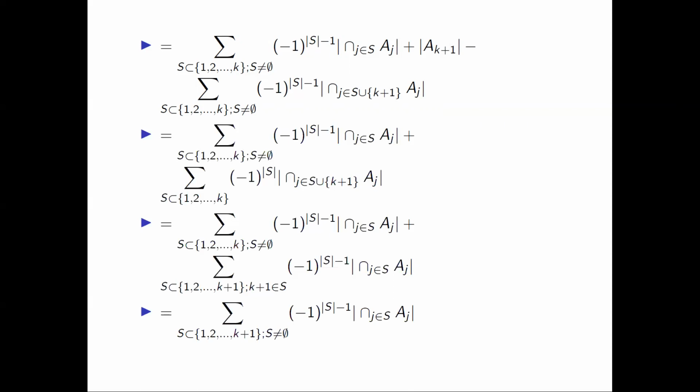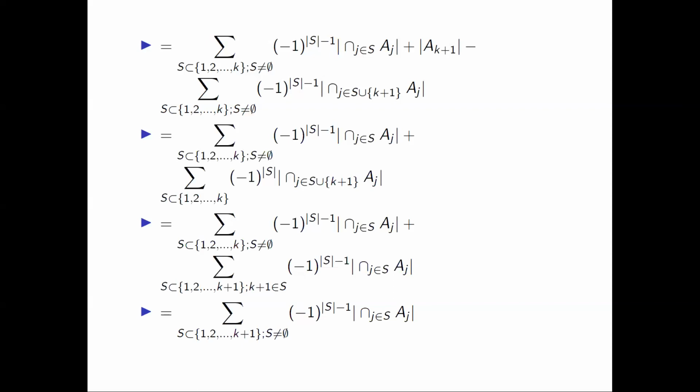And finally, at the end, we can just combine these two sums together. We can note that the subsets S in both of these sums are non-empty. So the first sum says that S is not the empty set. So that's why those S's are non-empty.